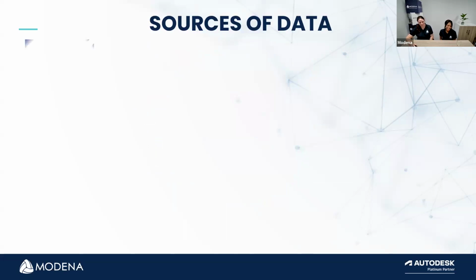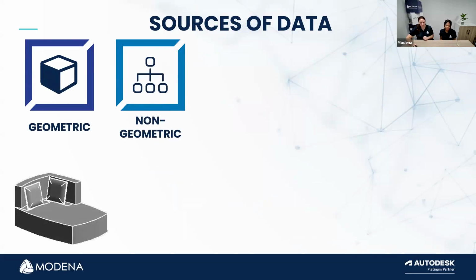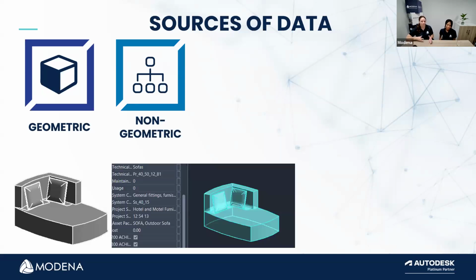So what are the sources of this data? Number one, for your geometric data, you'll have your 3D model, its components, its elements, and that's all in the software. Number two, you'll have your non-geometric information in schedules, specifications, classifications, and warranties. They can be calculated in the software and externally.